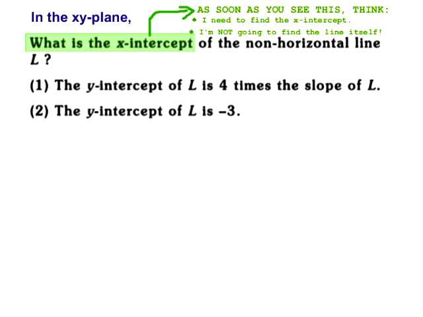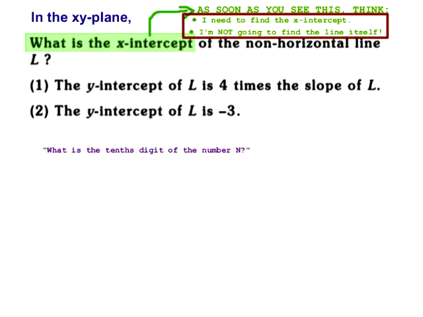This is the single most important thing about data sufficiency: you are pretty much not going to find stuff other than your goal. Same sort of thing in general. If you see, what is the 10th digit of the number n, you should think, I'm going to find that digit, and I'm definitely not going to find n.